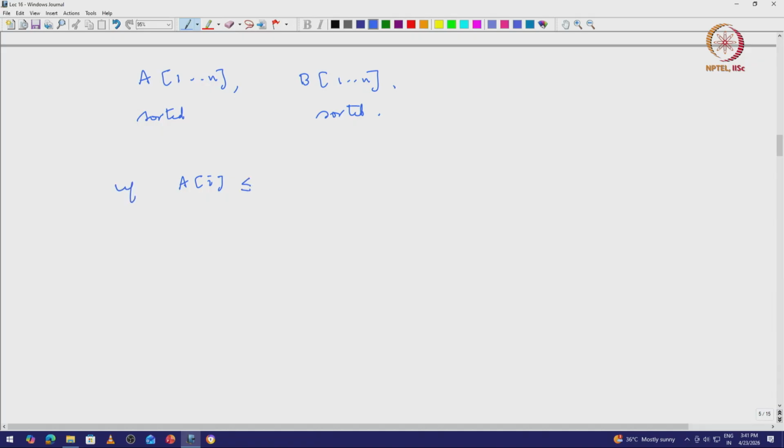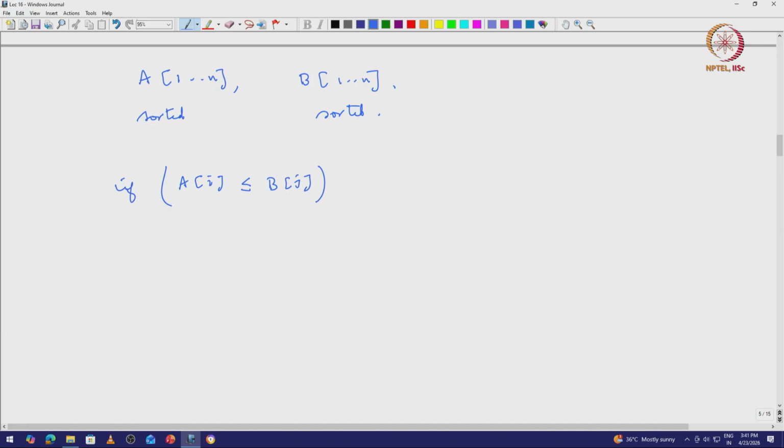If Ai is less than or equal to Bj, this is a smaller value. Okay? This is a smaller value. So, how many values are smaller?